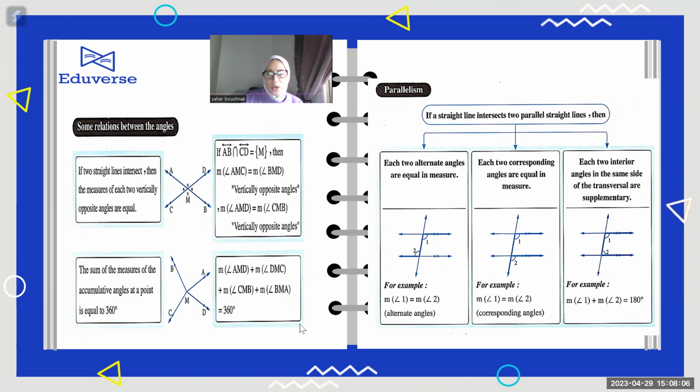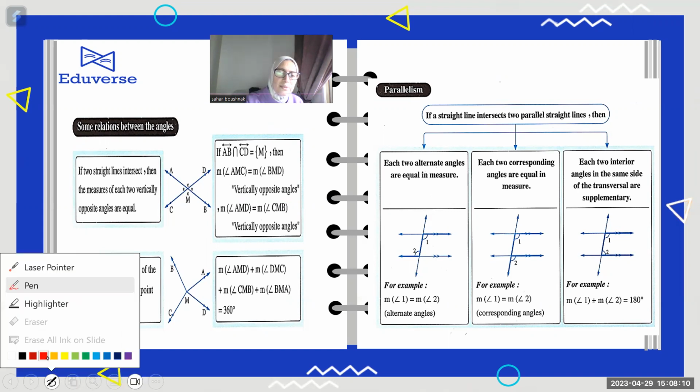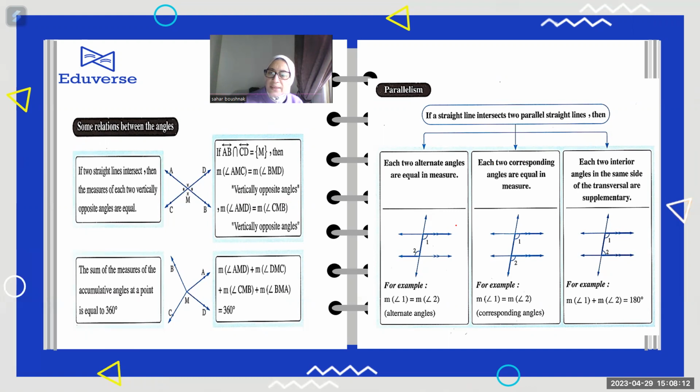And also, we know that if I have two parallel lines, the meaning of two parallel lines is that the intersection of them is empty. So if I want to say that L1 is parallel to L2, that means L1 intersecting with L2 is empty. They never meet. When we study parallel lines, we get three types of relations between the angles.